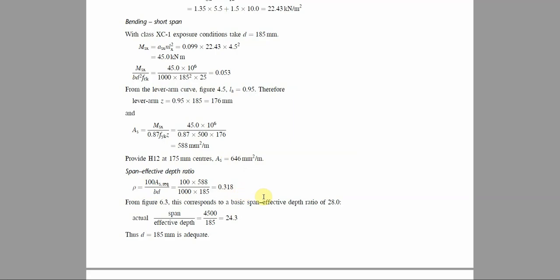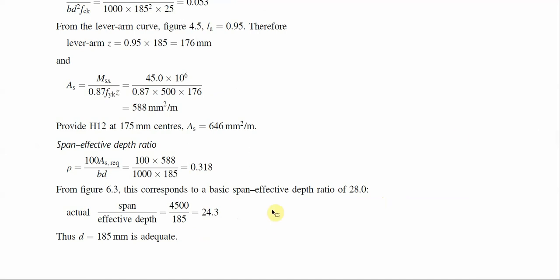Now from here we'll go and look at the table at the back, which is table 6.3 and figure 6.3. We'll look at what we have there. So using this table, we calculate our span effective depth ratio.